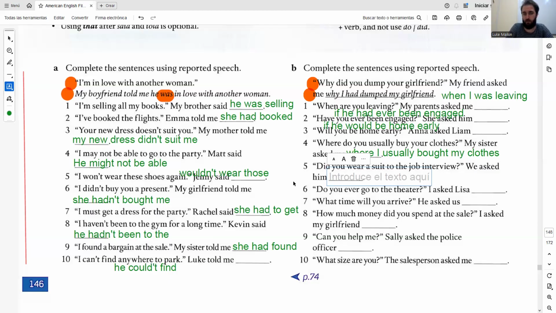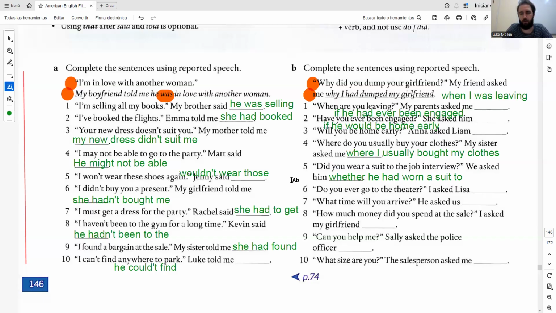We asked him if, because yes, no question, but let's use whether just for a change. We asked him whether he had worn. Wear is an irregular verb. Wear, wore, worn. Past perfect. Whether he had worn a suit to the job interview.